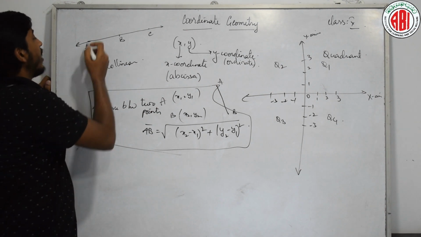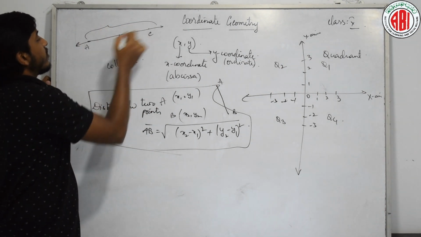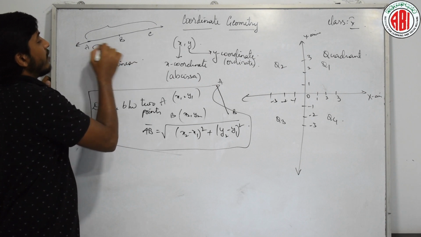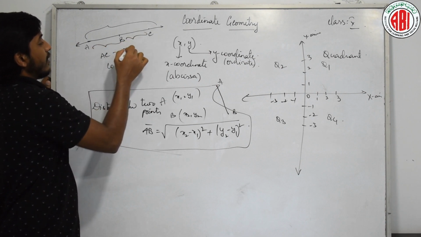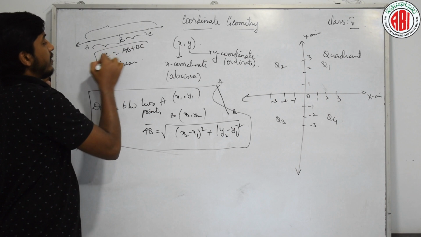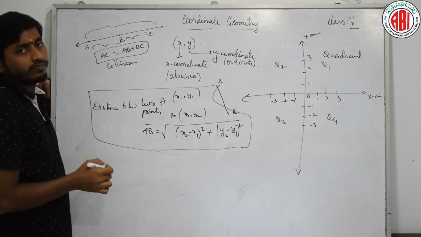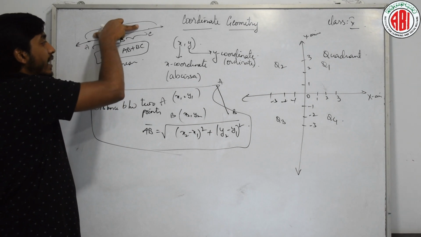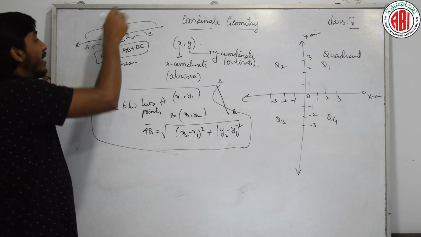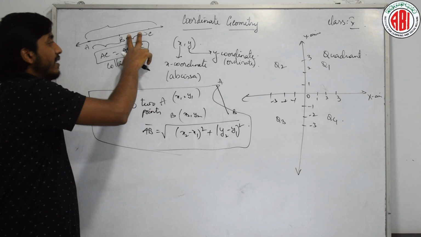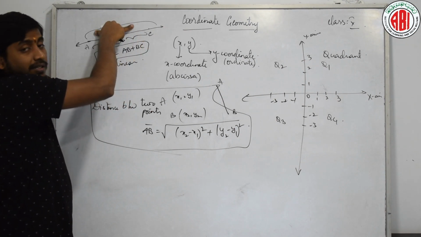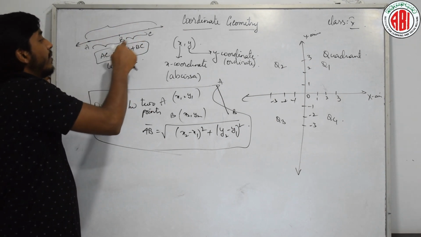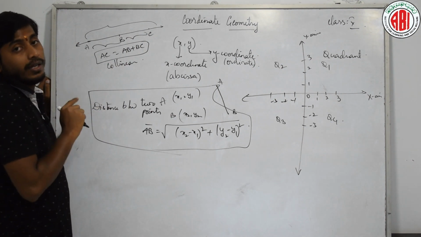If the distance AC is equal to AB plus BC, then these points are collinear. Once again, how do we get the whole distance AC? If adding the distance AB and the distance BC gives the distance AC, then A, B and C are called collinear points.